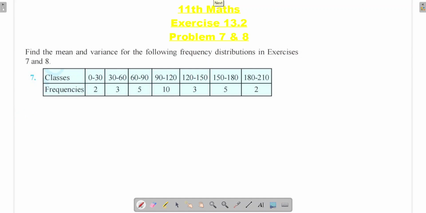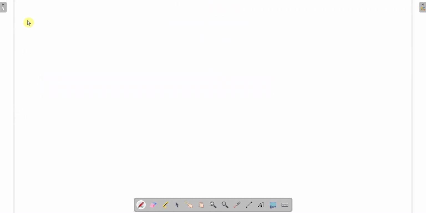So we have to make a table, and the table will consist of the following entries: classes, then frequencies, which are denoted as Fi, then midpoints, which are denoted as Xi, then we have Yi.